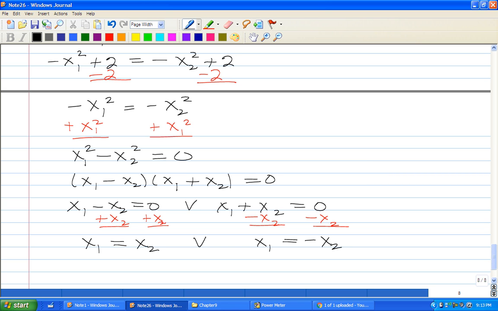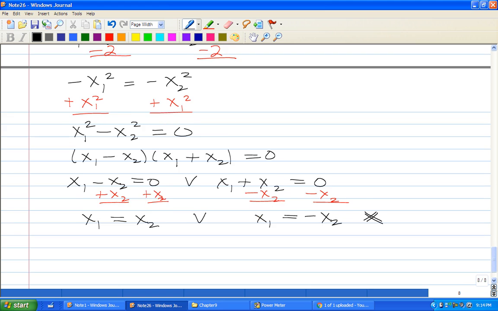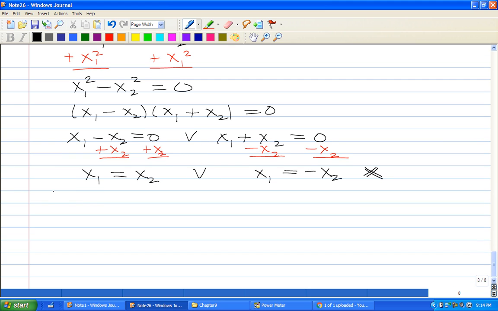Well, I was supposed to show that if f of x1 equals f of x2, then x1 must equal x2. Well, x1 doesn't necessarily equal x2. It's equal to x2, but it could also equal negative x2. So that's not correct. Therefore, I've shown that this function is not injective. It's not a one-to-one function, just like we showed looking at the graph using the horizontal line test.